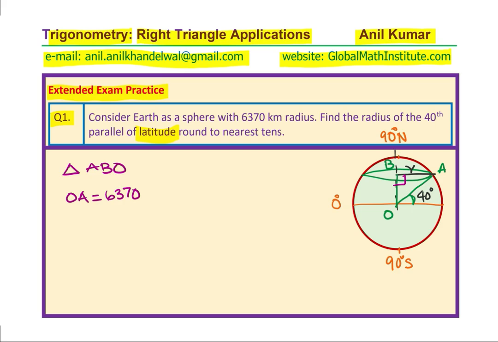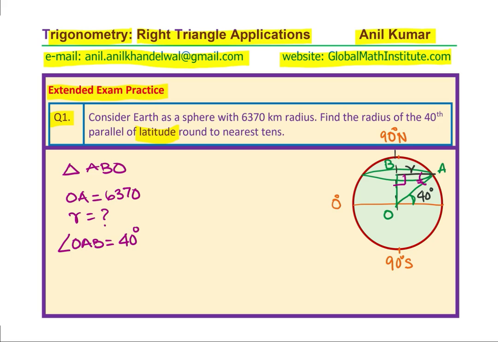All the units are in kilometers. And we need to find what R is. The angle at A, angle OAB, is also given to us. It is equal to 40 degrees, since AB is parallel to the equator, by alternate interior angles. Now you have a right angle triangle with two sides and an angle, so you can always find the solution of this triangle.